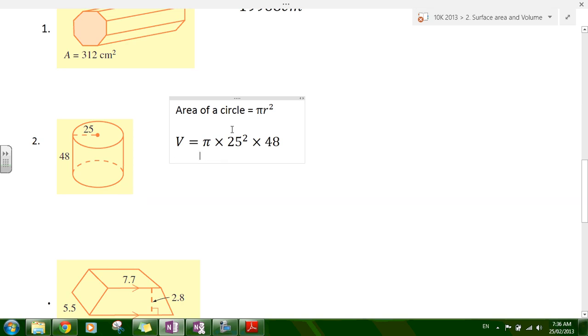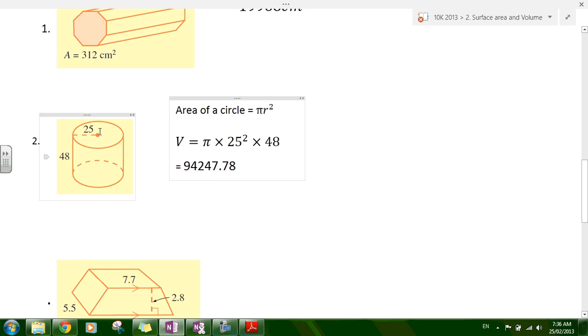Now, if we find that out, we get 25 squared, multiply that by pi, and that is equal to 94,247.78.